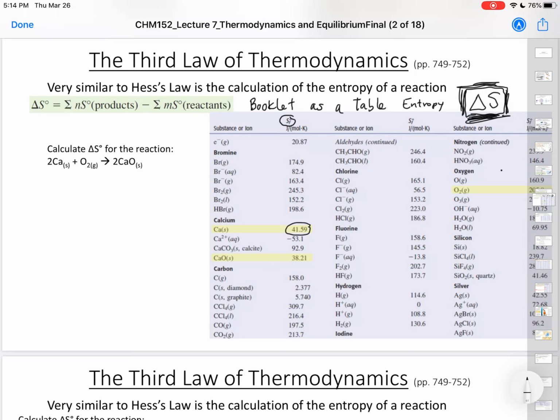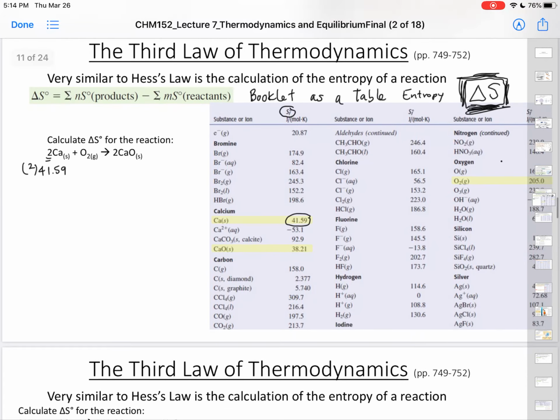All right, so what you're going to do is find calcium solid. Its value is 41.59. I would bring down the 2 as well, because this is the number of moles. So 2 times 41.59. Oxygen gas is, let's see here, it's kind of blocked, 205.0.